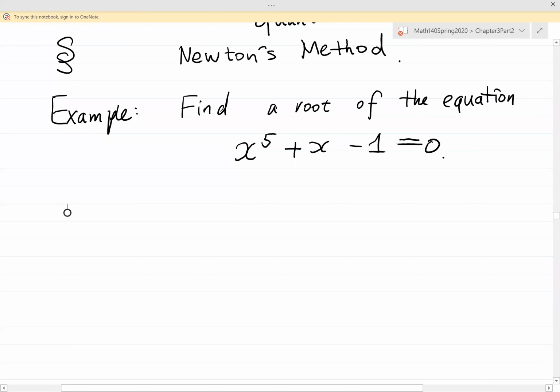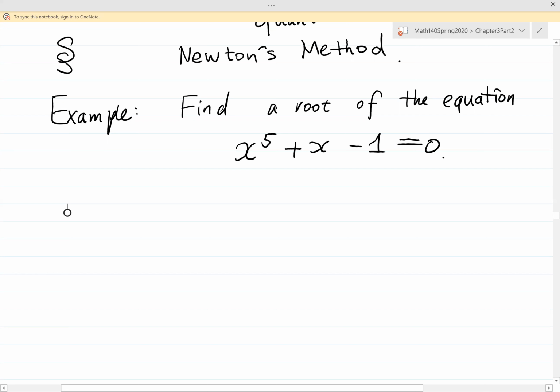You can use radicals to find the solution of the equation. Then after people found solutions for degree 3 and degree 4, people tried to find a general solution for the degree 5 equation.